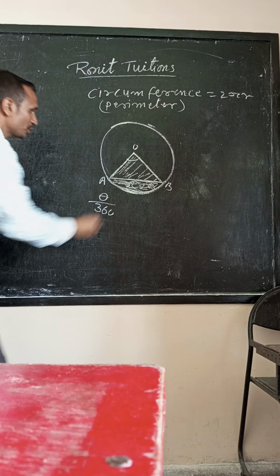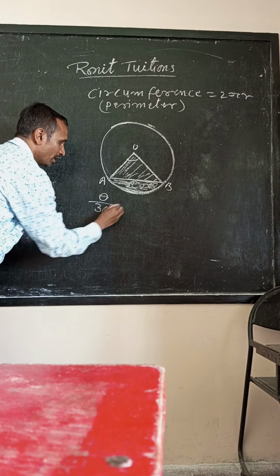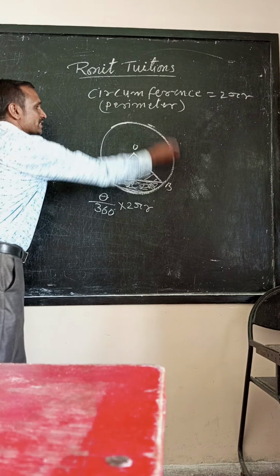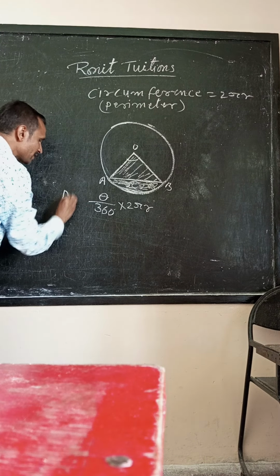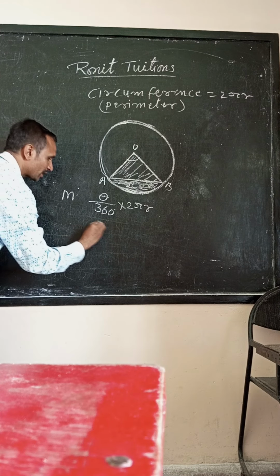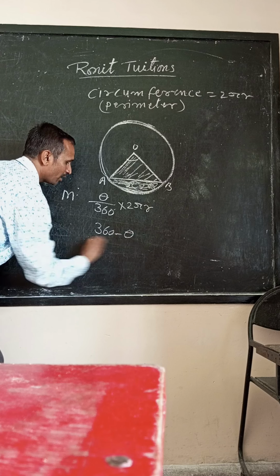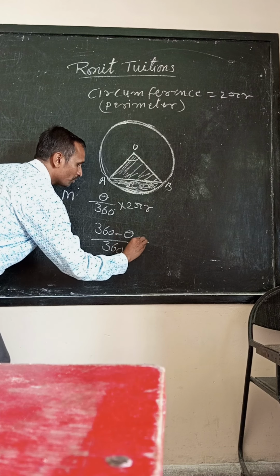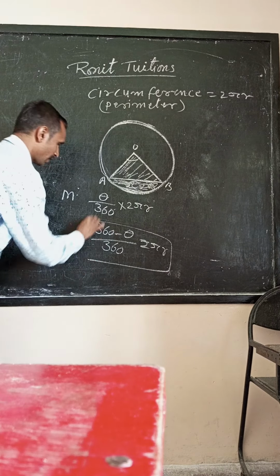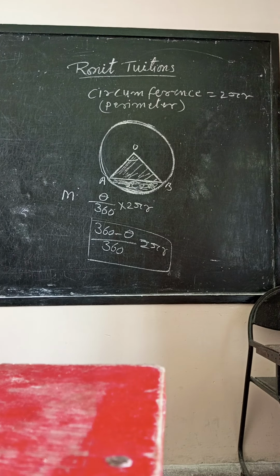So this part is theta by 360 into 2 pi r, because this is the total circumference. This is for the minor arc, and for the major arc it will be 360 minus theta by 360 into 2 pi r. This is the length of the arc. Thank you.